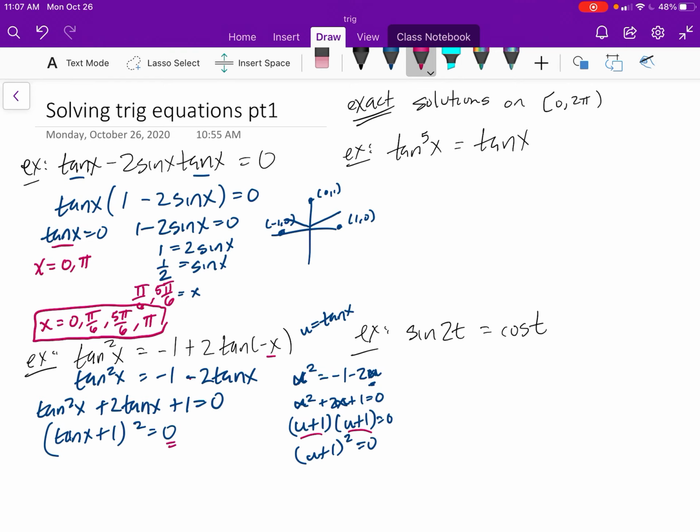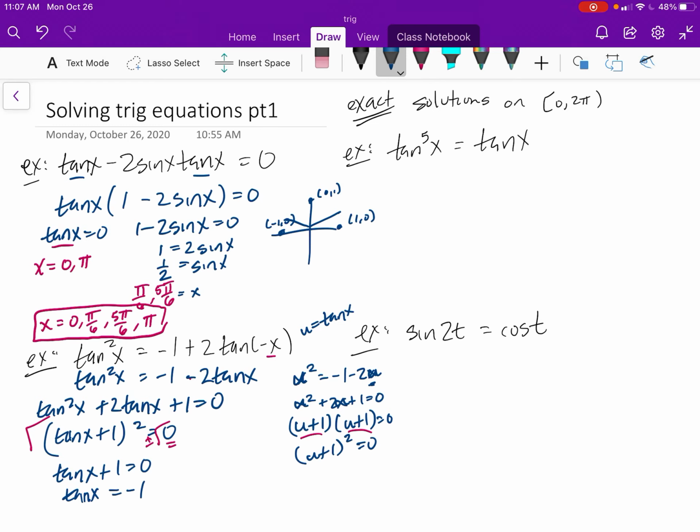When you do square root both sides, even though you have to remember plus or minus, the square root of 0 is 0. So we're only looking where tan x plus 1 equals 0, or tangent x equals -1.